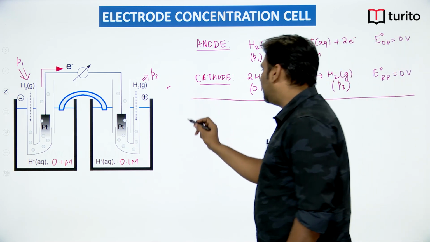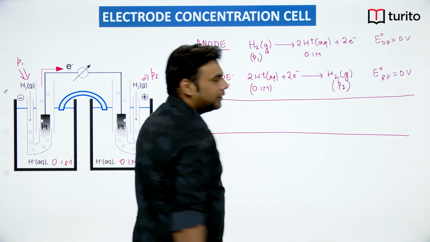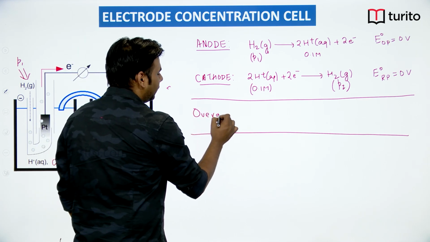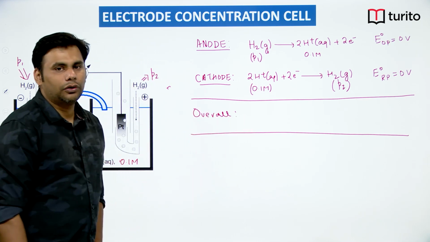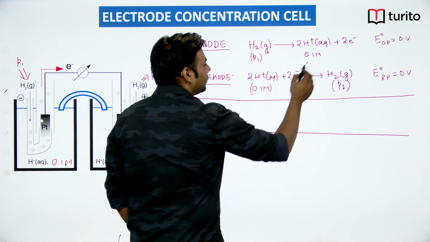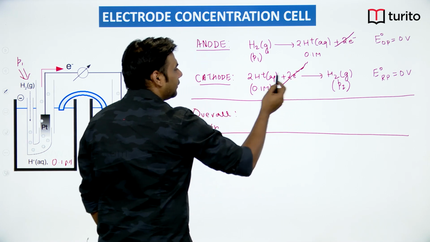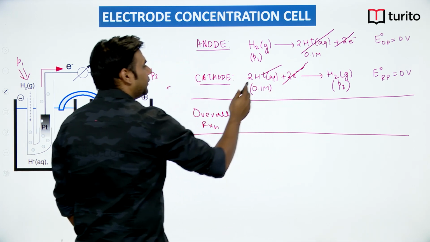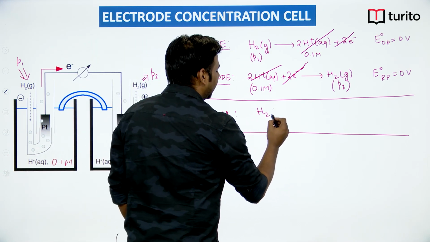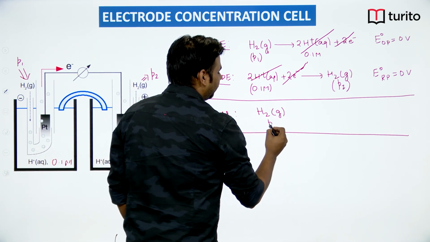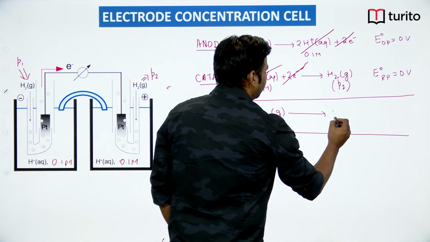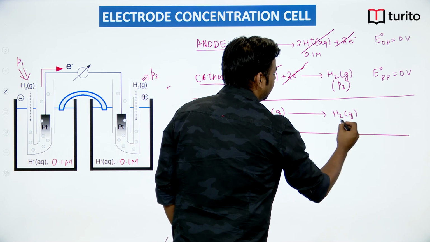Okay, so when you add them, we'll get the overall reaction that is happening in this cell. You can see that these two electrons will get cancelled out. Even the H plus, because of the same concentration, will also get cancelled out. So we'll be left with only hydrogen gas at a pressure of P1 changing into hydrogen gas at a pressure P2.